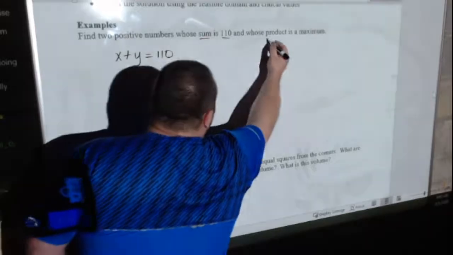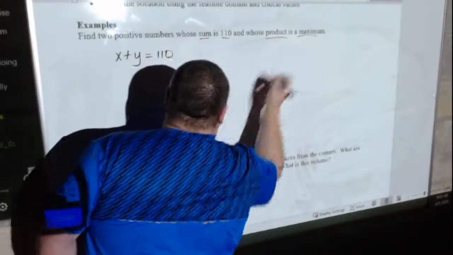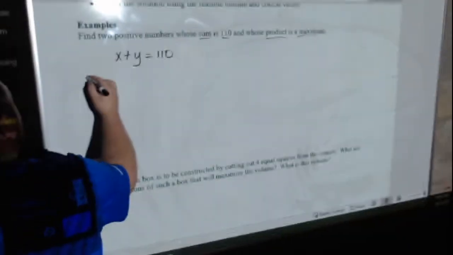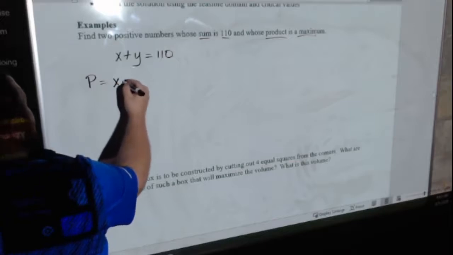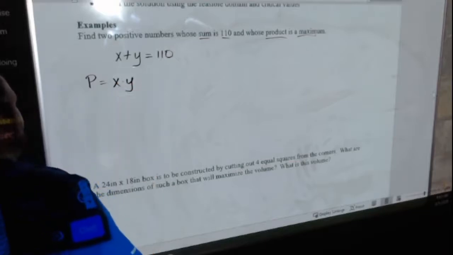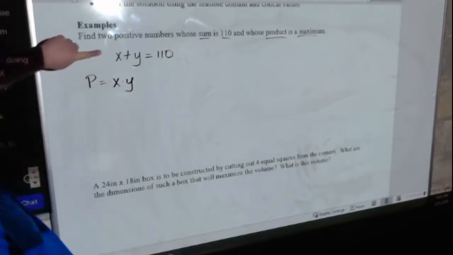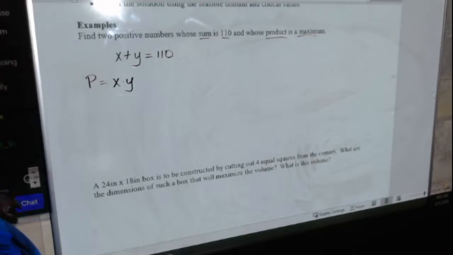Then it says their product must be a maximum. So the product is x times y. So over here in the chat, tell me which one you think is the primary and which one's the secondary. Or you could really just say one, and then obviously the other has to be the secondary.